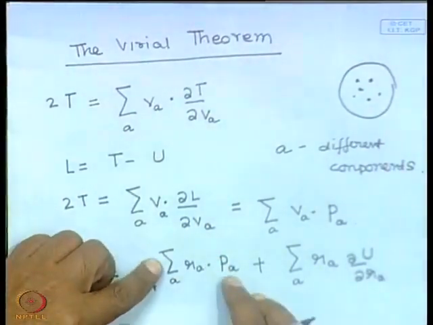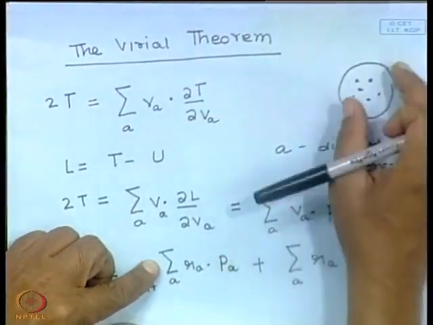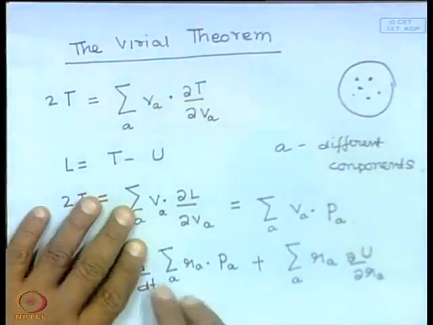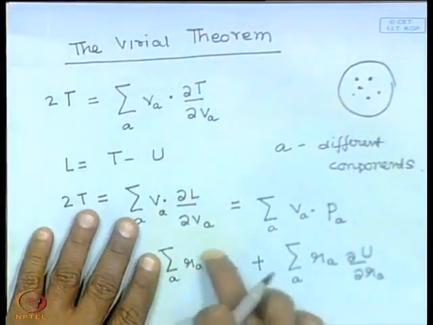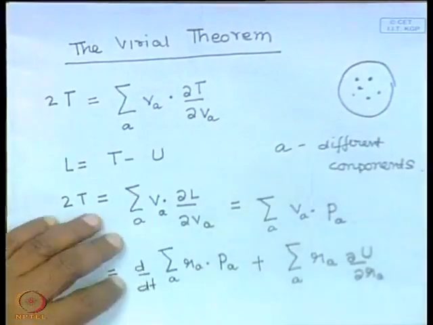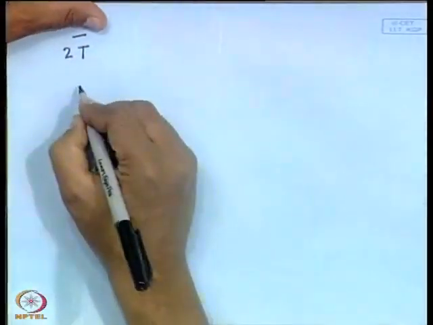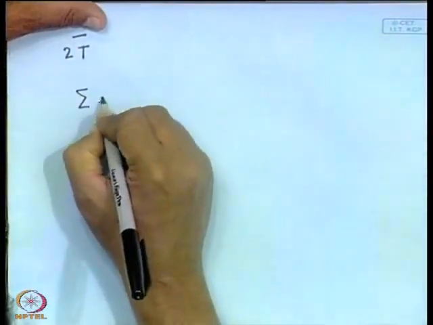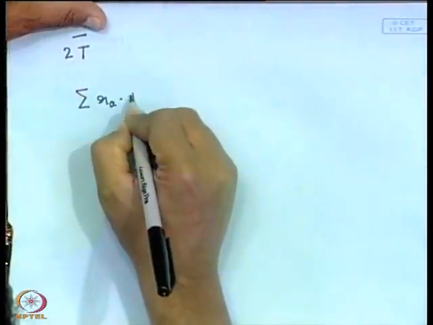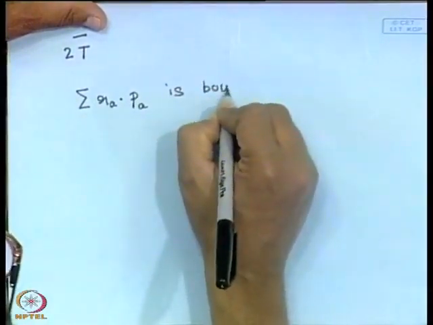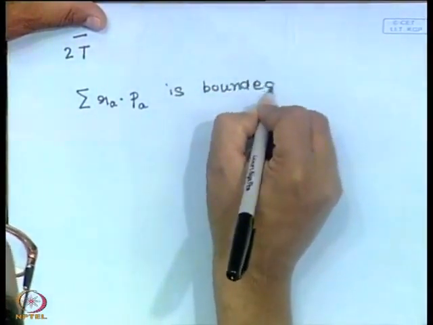Now the quantity r into p, if the system is bounded, is also going to be bounded. So this quantity is going to be bounded.